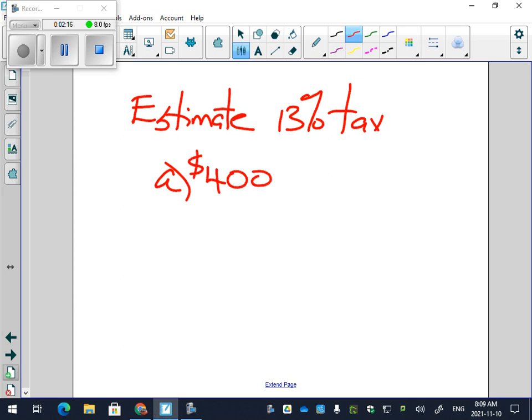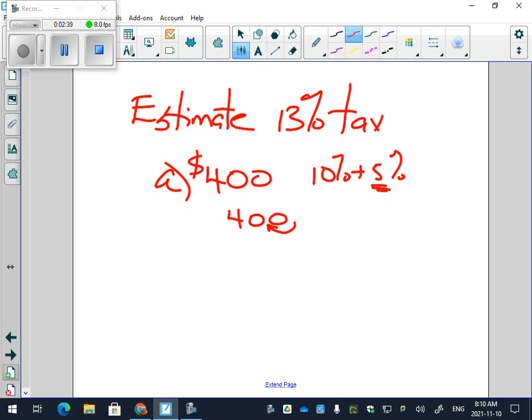You want to buy something that's 400 bucks, but not the price you pay, you actually have to pay that plus tax. Well, remember we got to take 10% plus 5%, and even a little bit less. When we take 10% of a number, all we do is move the decimal place one place to the left.